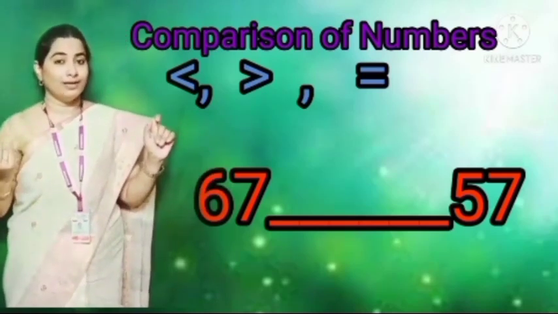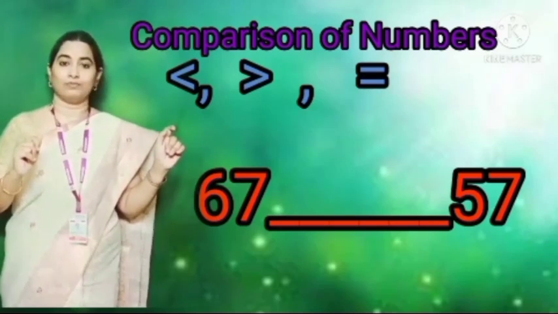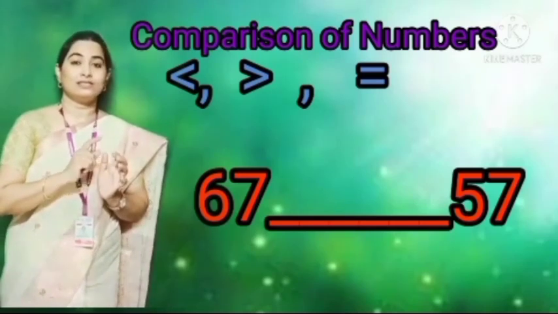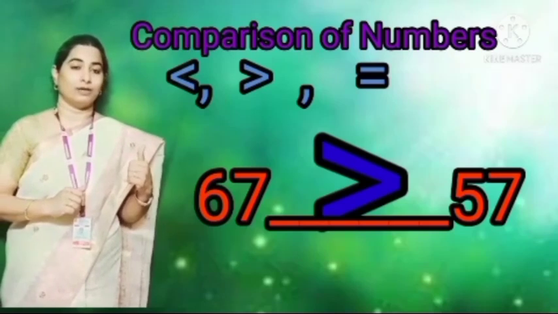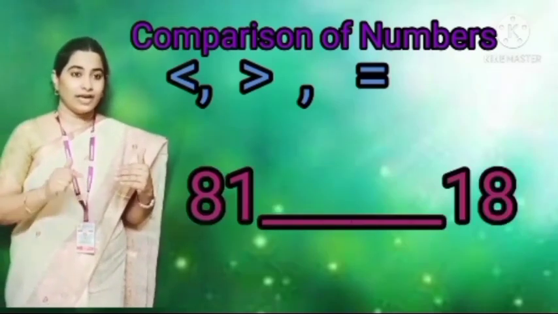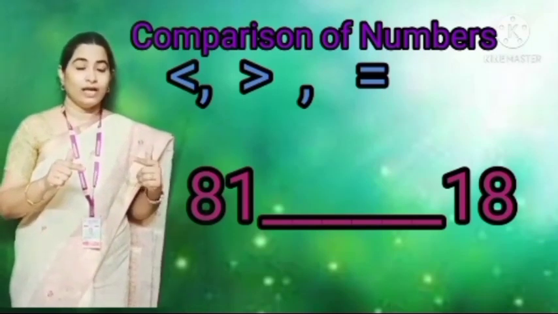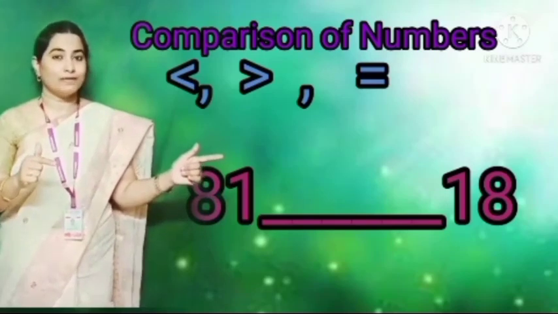So which is bigger? Yes, 67 is bigger here. So the crocodile mouth opens towards 67. And next number. The first number is 81 and the next number is 18. So which is bigger, children?